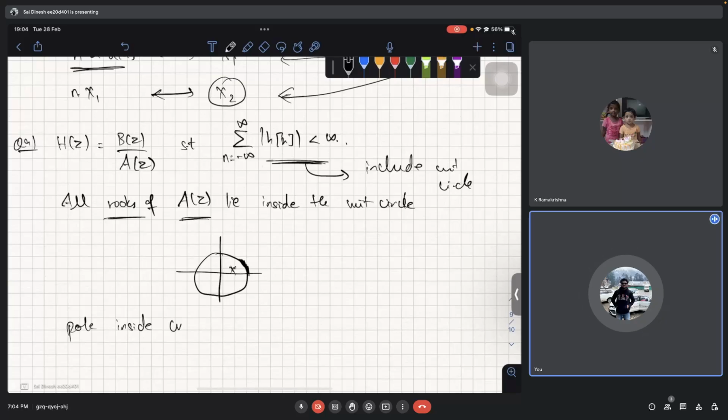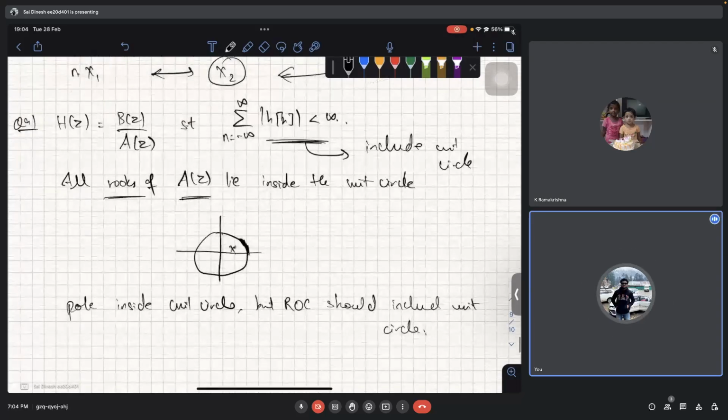Pole inside the unit circle, that ROC should include the unit circle. What is the property of h of n?